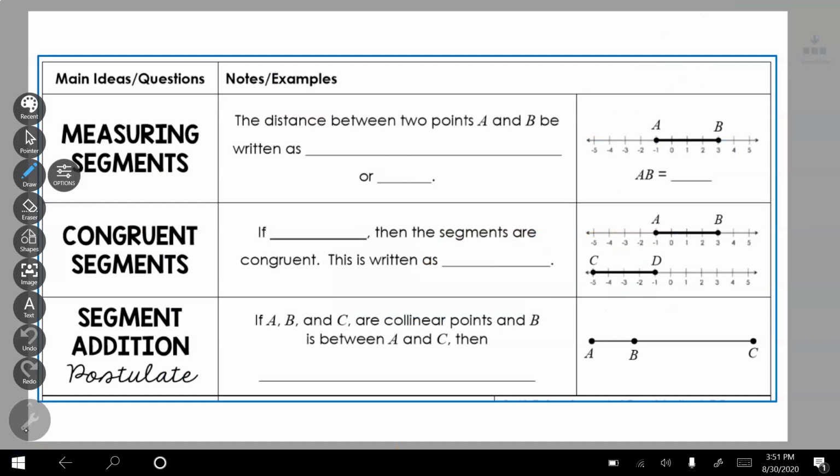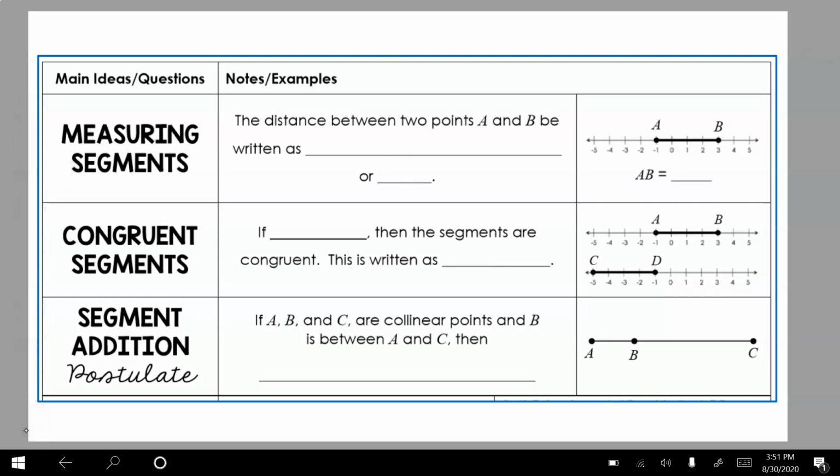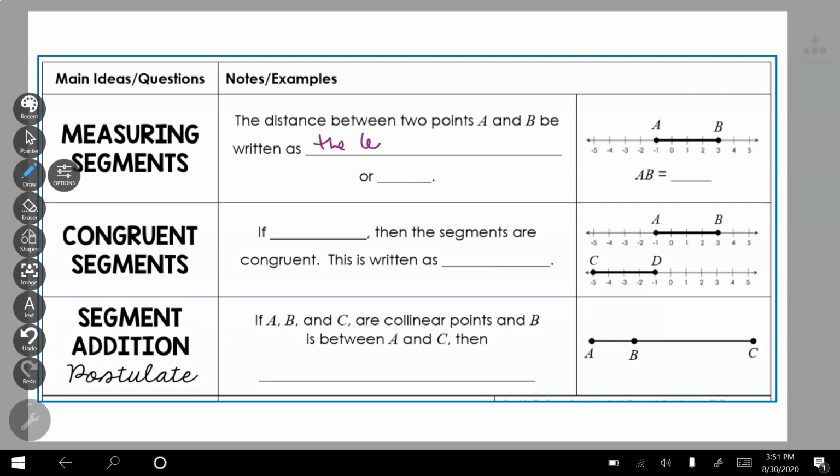So let's talk about some distances and how we measure distance. The distance between 2 points, let's say between points A and B, is the line segment, and we call it, in words, the length of line segment AB, and we write it as AB, and there is no top symbol on it. When you put a top symbol around something, that means it's a line segment.